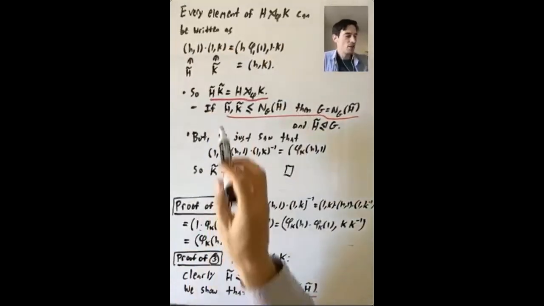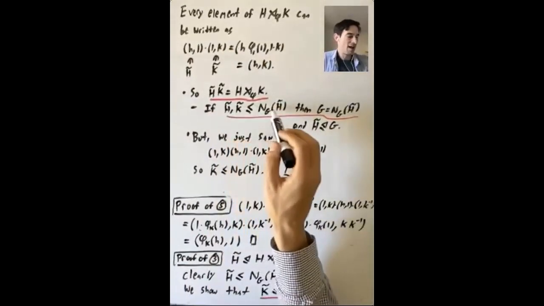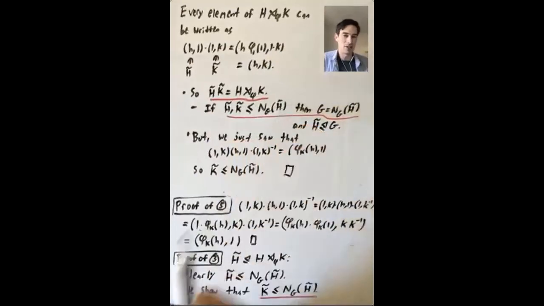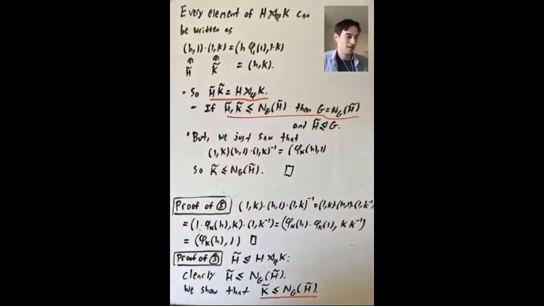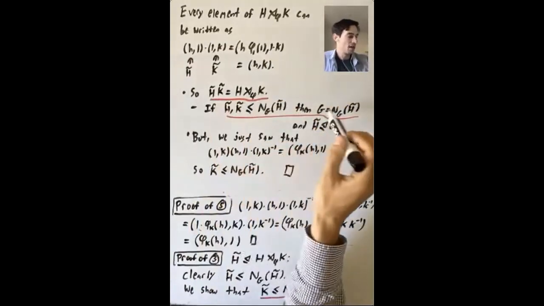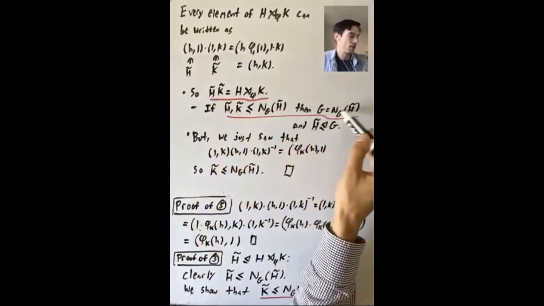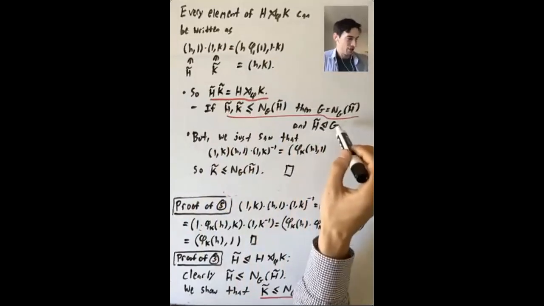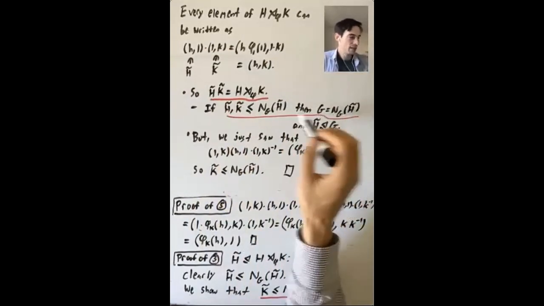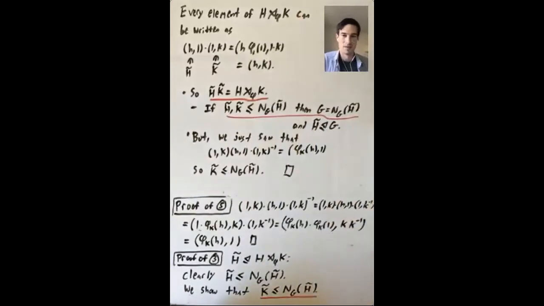So if you have these two subgroups inside the normalizer of H tilde, which we know is a subgroup of the semidirect product, and their product set is the whole group, then the normalizer of H tilde is the whole group, which means H tilde is normal in this semidirect product. So we just have to show that K tilde is contained in this normalizer.